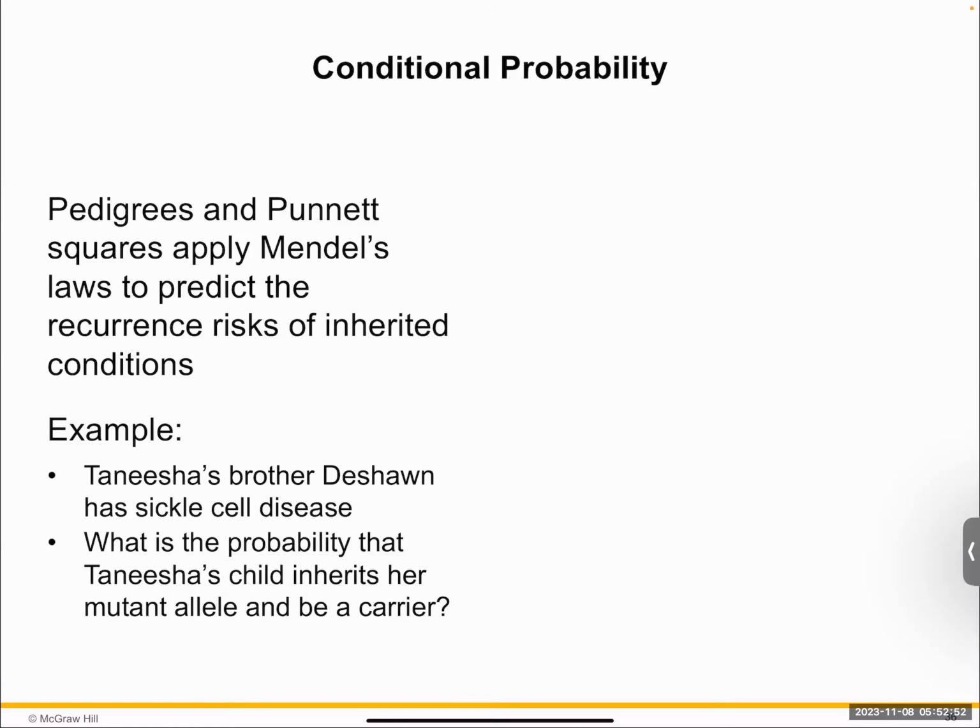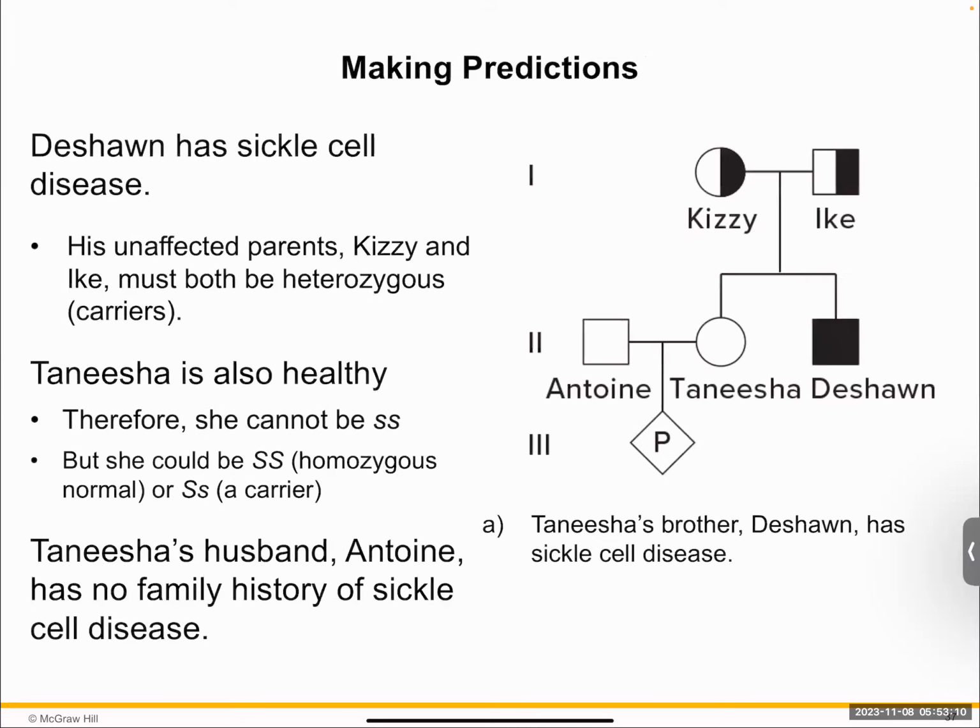Tanisha's brother has sickle cell anemia, which is that blood condition we talked about in detail. Now, Tanisha wants to see what is the chance of her kids developing sickle cell anemia if she has kids with her husband. So here is the pedigree of the parents of Tanisha and Dawson.